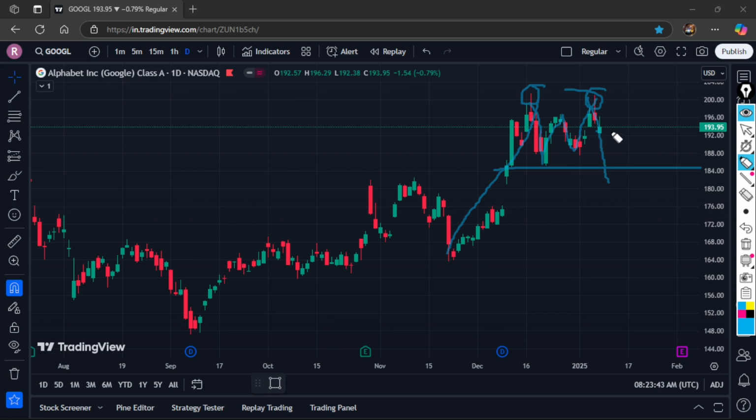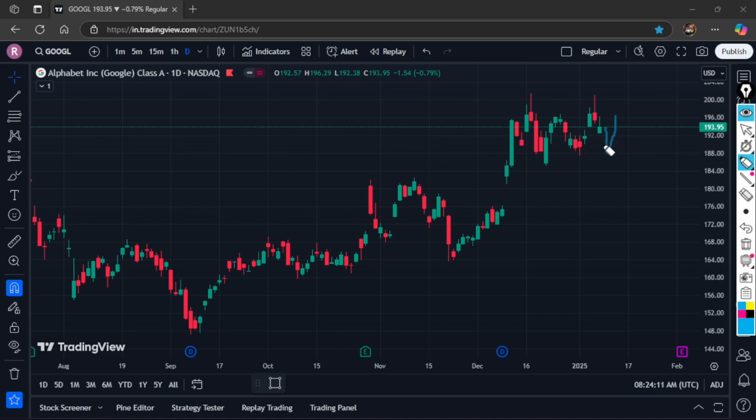So here, if it opens near flat or some gap down, and if it tries to cross this low, then a little bit of selling pressure we can expect here. And if it does not give a closing on a daily candle, but a selling pressure came, it can go upside.